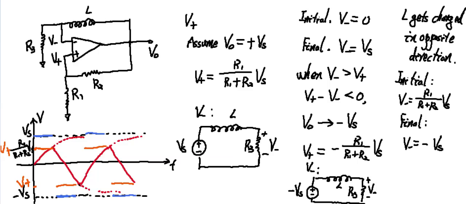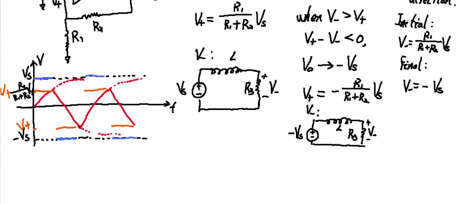So here, let's get some more quantitative determination of those voltages as well as the periods. First of all, let's ask, what is the amplitude for the output voltage, V minus as well as V plus?